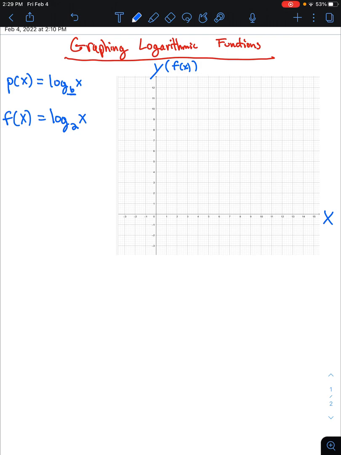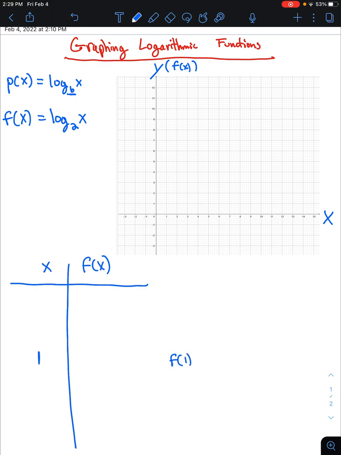And when we want to graph something, typically we want to plot a table of values and explore the behavior and make some conclusions about the graph. So I'm going to set up a table of values comparing x and f of x, or y. And I'm going to start by plugging in a 1 for my x value.